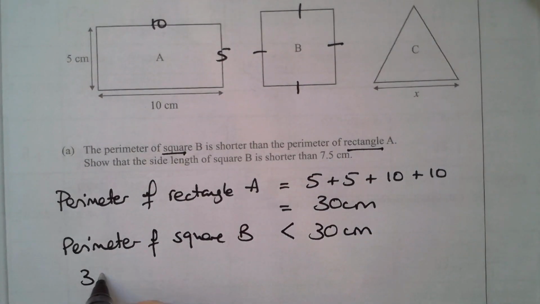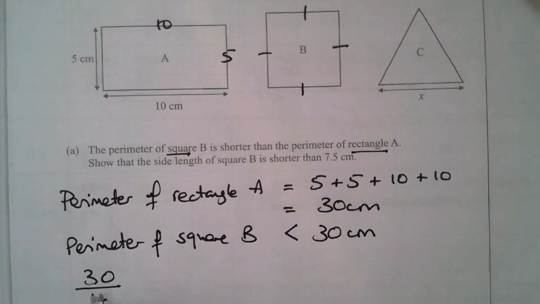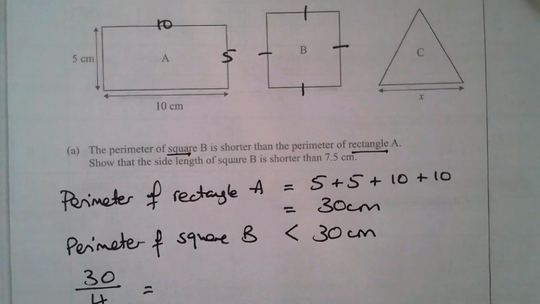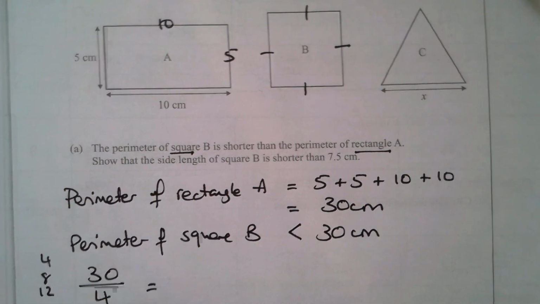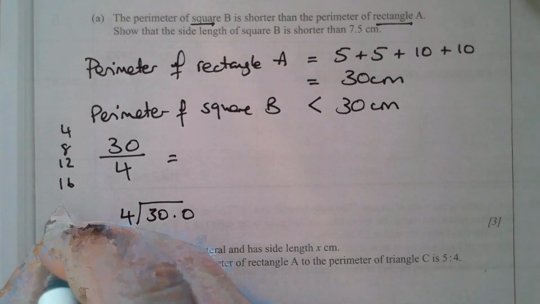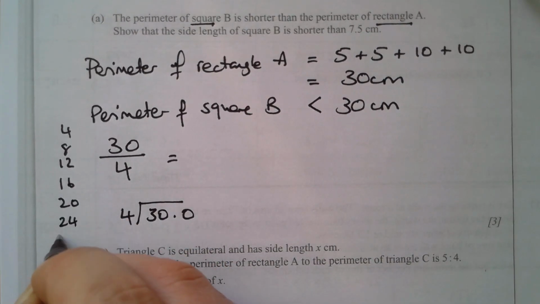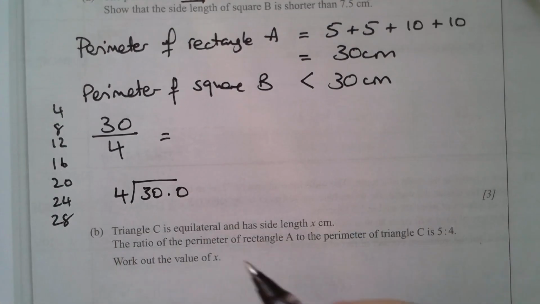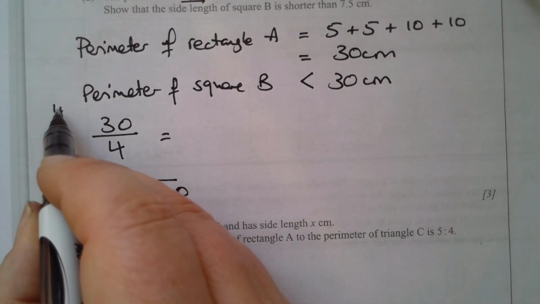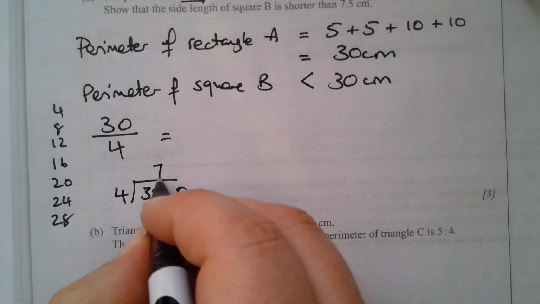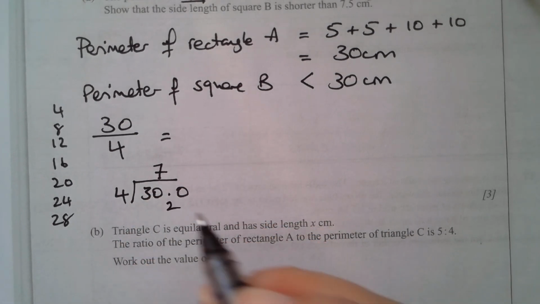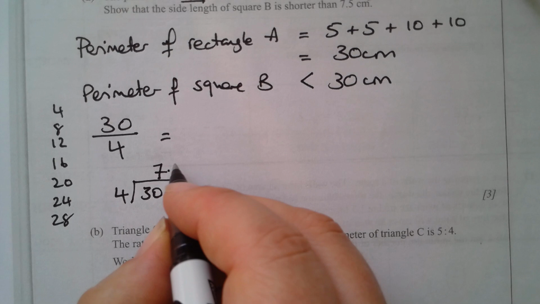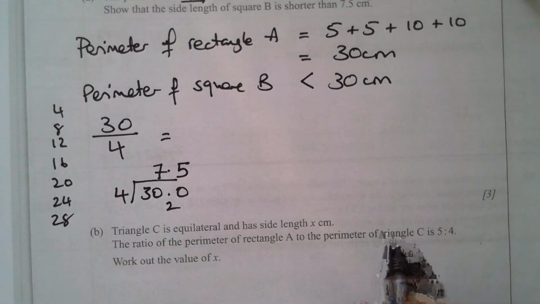And when we take 30 centimetres and we divide it by those 4 sides, we've got 30 divided by 4 gets us to 7, gives us 2 left over, 7.5.